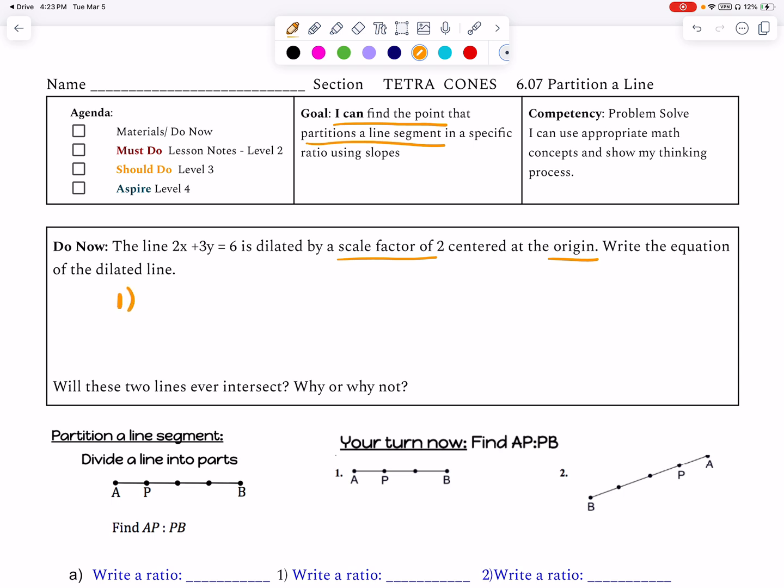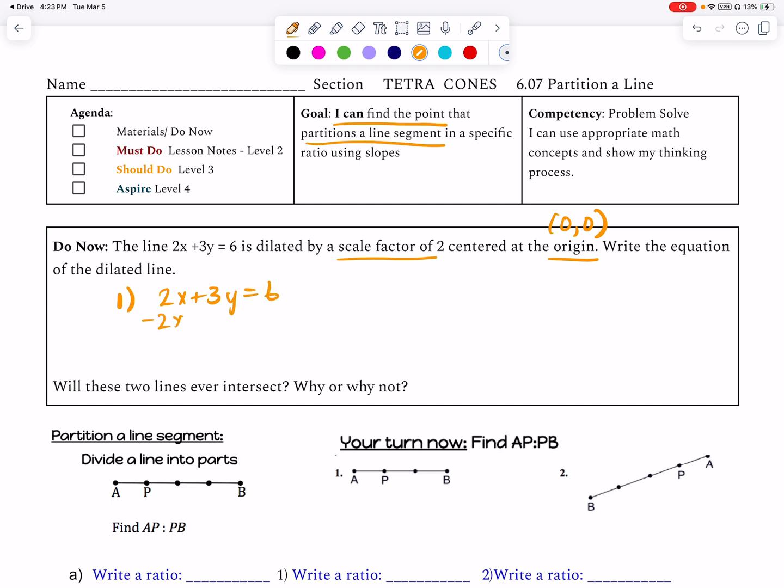Alrighty. So the first step of dilating a line is checking to see if the center of origin or the point is on the line. So we need to get y alone. So I'm going to rewrite this equation in slope-intercept form: 2x plus 3y equals 6.